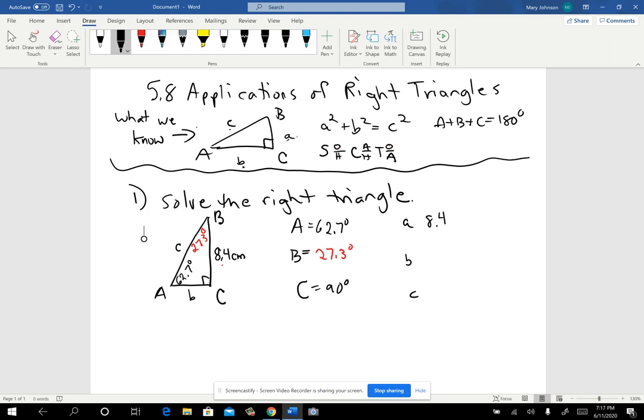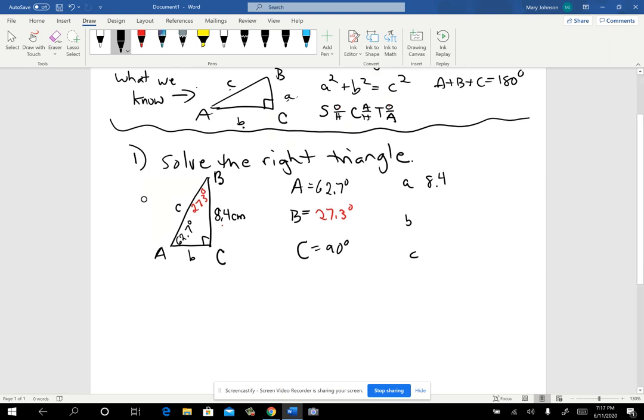Now our job is to start finding what the lengths should be. You look at the given information, and it's better practice to work with the given information. You try to find a trig ratio that relates the angle A and the 8.4.